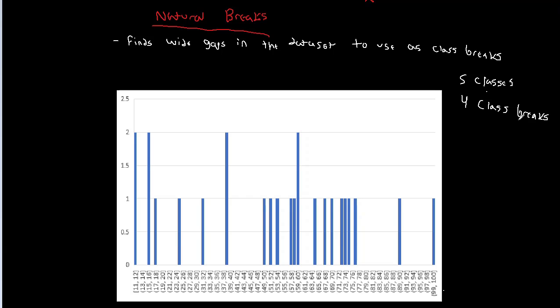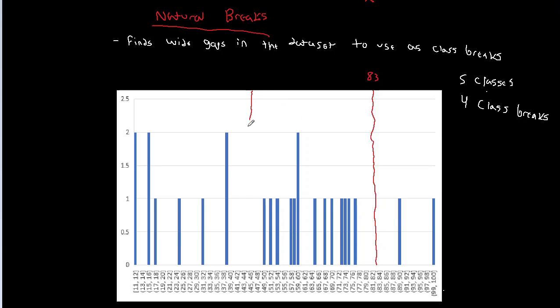Again, the computer has some fairly sophisticated algorithms for determining this, but we're just going to look visually and try to estimate where the largest gaps are. My first idea would be to put one here, because this is a pretty large gap in the data set. This is going to be at a value of maybe 83. That's the biggest gap I can see.